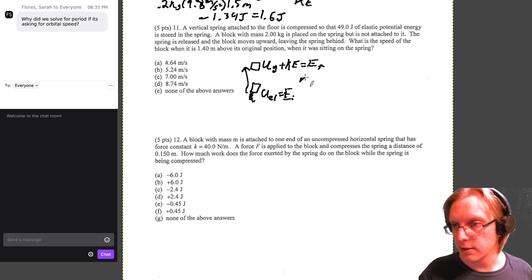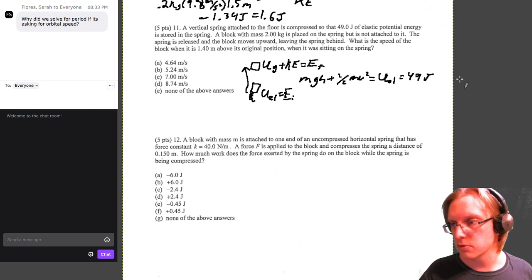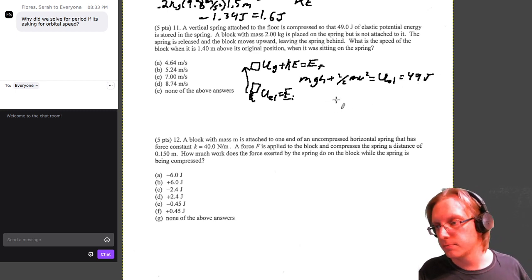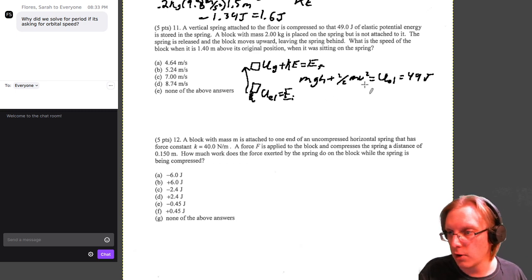So mgh plus 1/2 mv squared is equal to U elastic, given to be 49 joules. Alrighty. We want V.